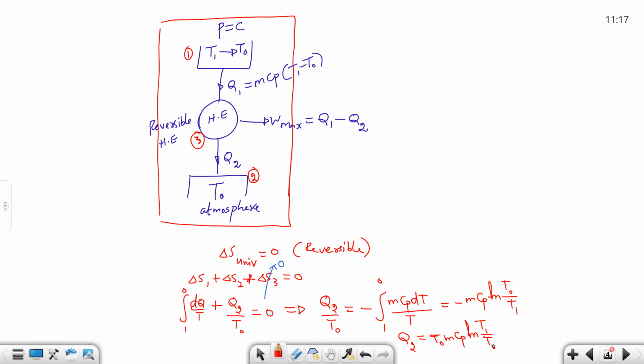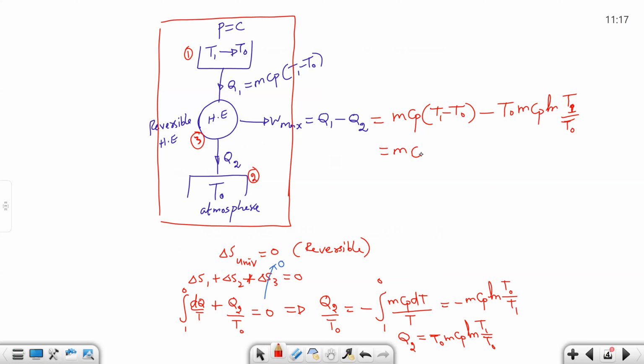This is the heat rejected. So now the maximum work is m Cp (T1 minus T0) minus T0 ln (T1 by T0).